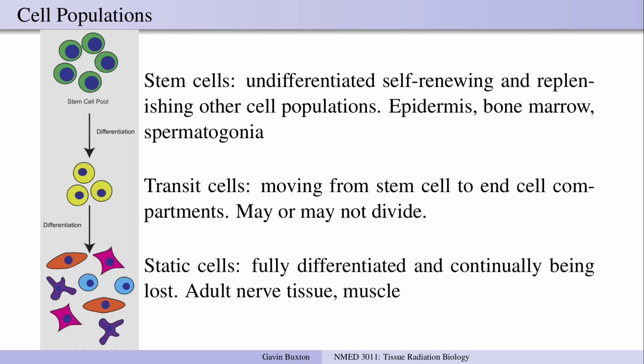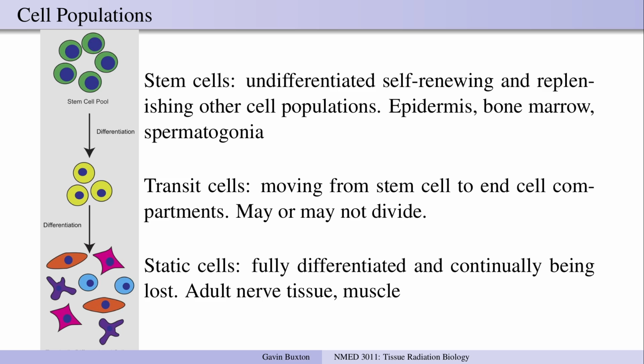And the static population are fully differentiated and exhibit no or very little detectable mitotic activity. These cells are generally lost throughout the lifetime of an organism, and they have to be replaced by the stem cells turning into transit cells, turning into these static cells.